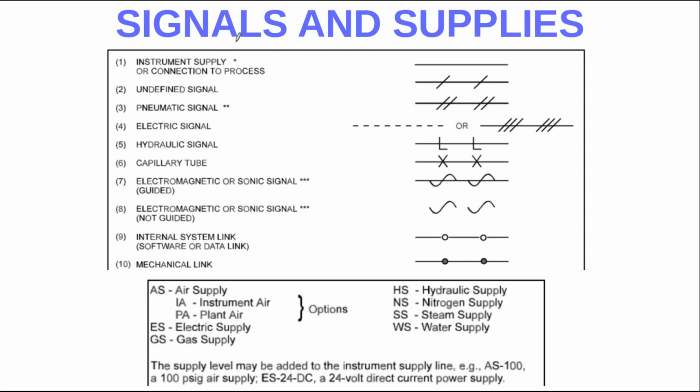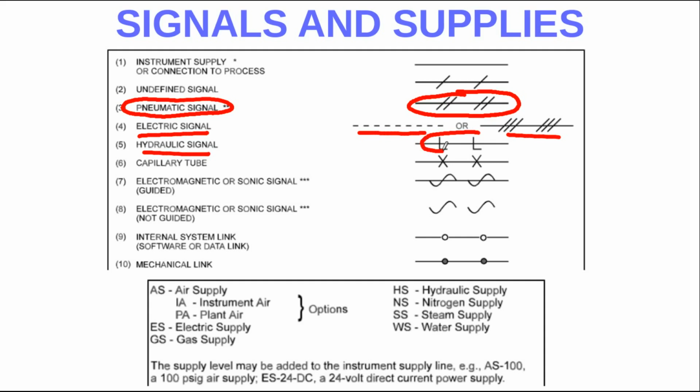Well, all the signals and supplies have a specific way of representation in this norm. As you can see here we have a pneumatic signal. For example, here this pneumatic signal is represented like this, but an electric signal can be this or this, while a hydraulic signal is symbolized like this.